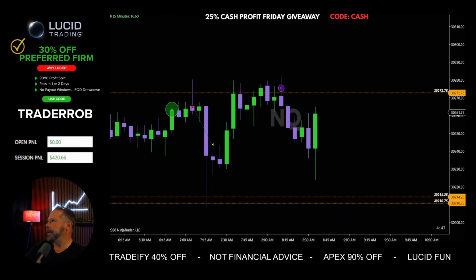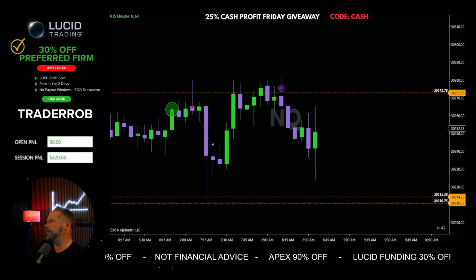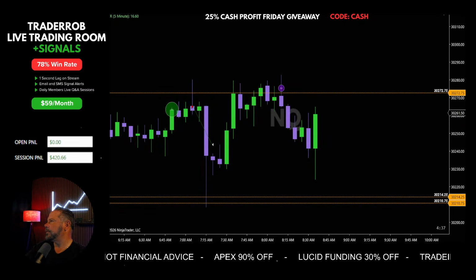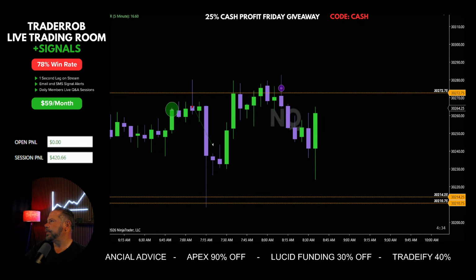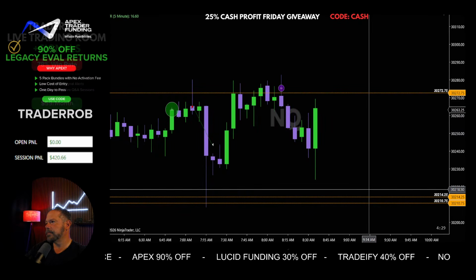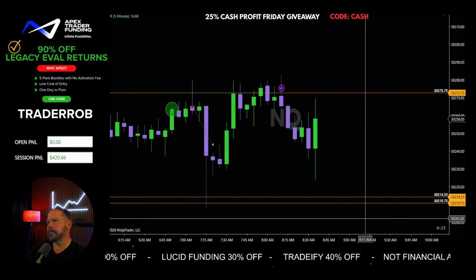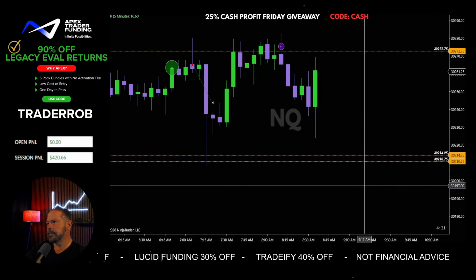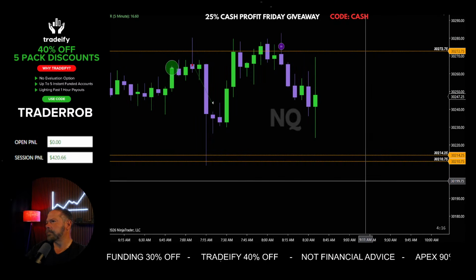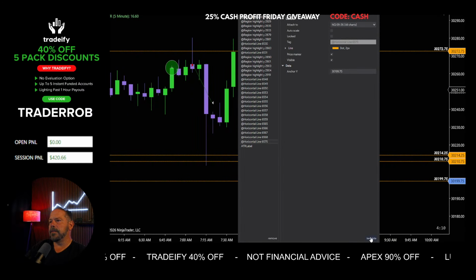I'm going to map out my pre-session levels. So let's do this here. This is the pre-session point of control, so I'll make this one in red.